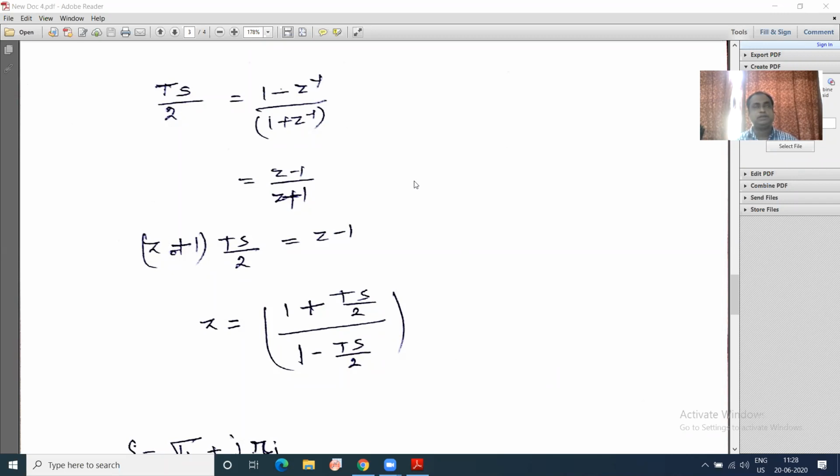And if the poles are lying in the right half plane, then the system is unstable. That we have learned. And the corresponding thing in the digital domain: if the poles are inside the unit circle, then it is a stable digital system. If the poles are outside the unit circle, then this is an unstable digital system.